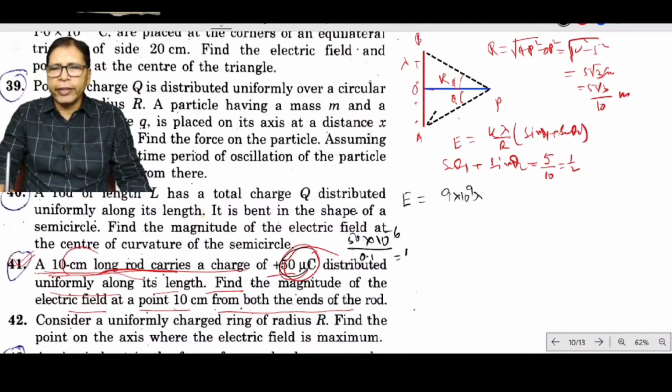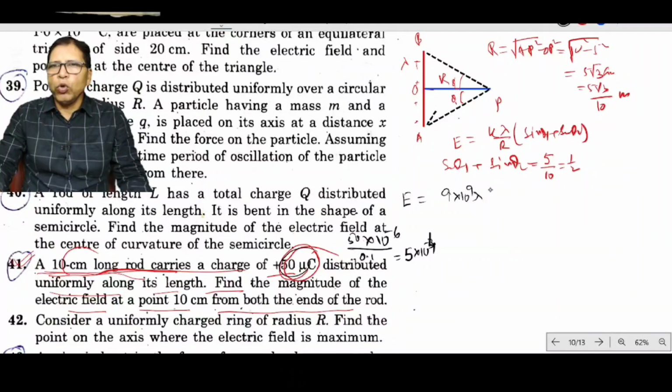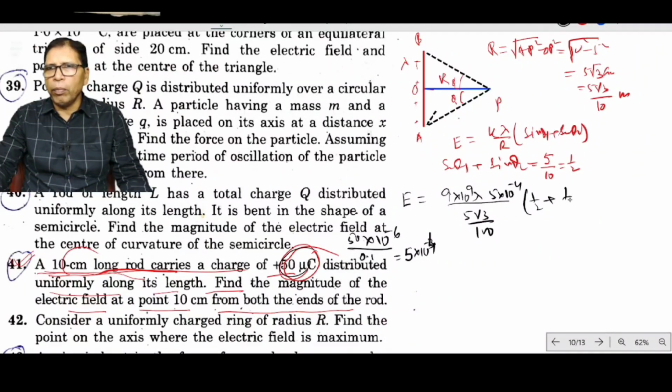So look at this, it is 5 into 10 to the power minus 4. Okay, no problem. Now R is equal to 5 root 3 by 100 into sine theta 1, this is half plus half.